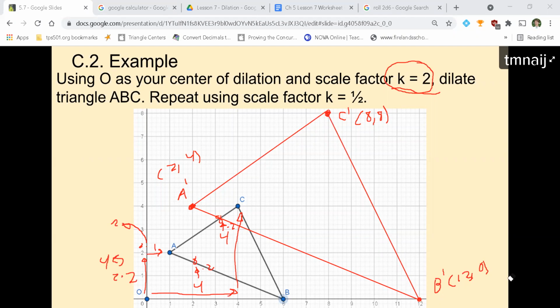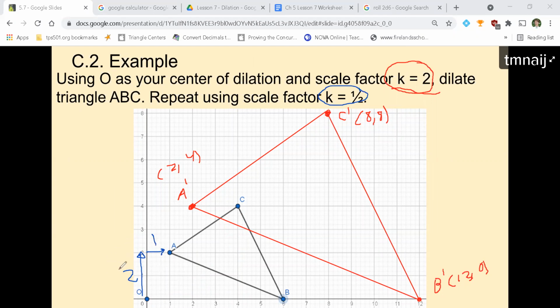All right, do we feel okay about this? All right, I'm going to do one more. So let's say I want to repeat this process, but instead I'm going to do a scale factor of 1/2. You do the exact same thing. So for A, again, we find the slope, which we said was up 2, over 1.